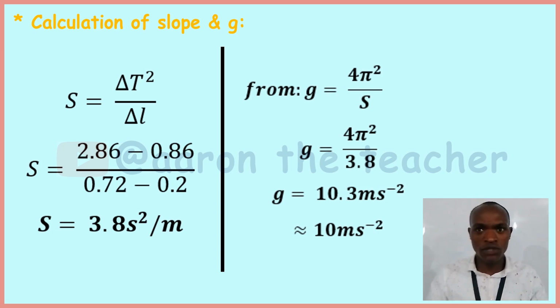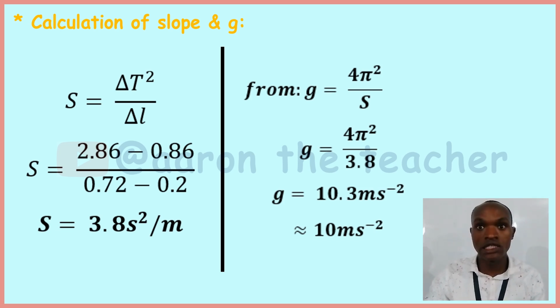Okay, then from that, we move on to relate the slope to the subject of what you are looking for. In this case, it is the acceleration due to gravity, which you are calling g. As we saw in the procedures, this value is obtained from g equals 4 pi squared over s.